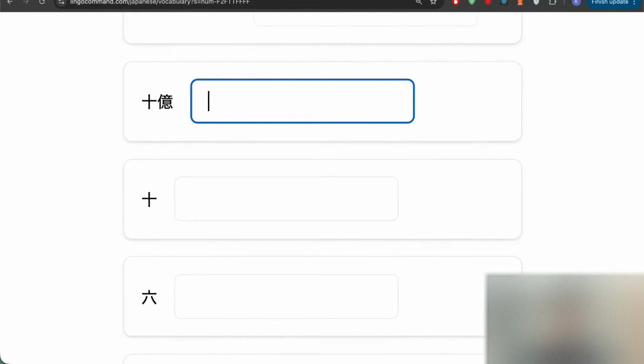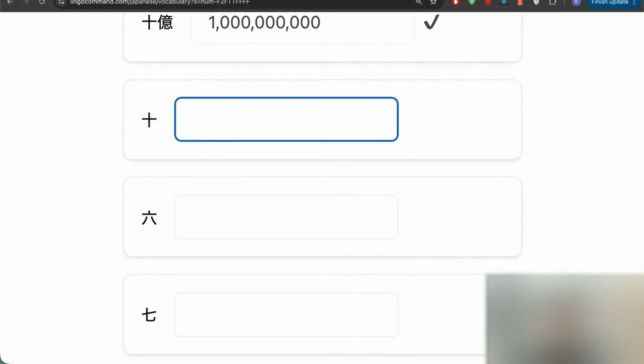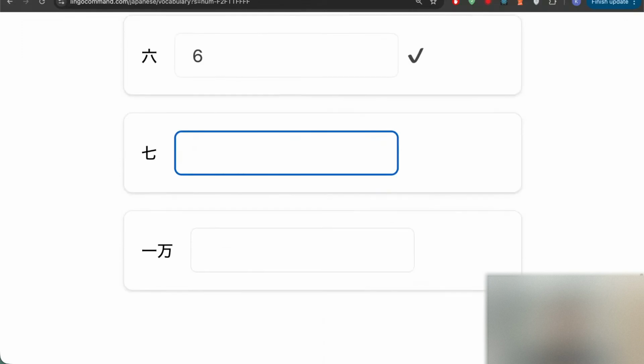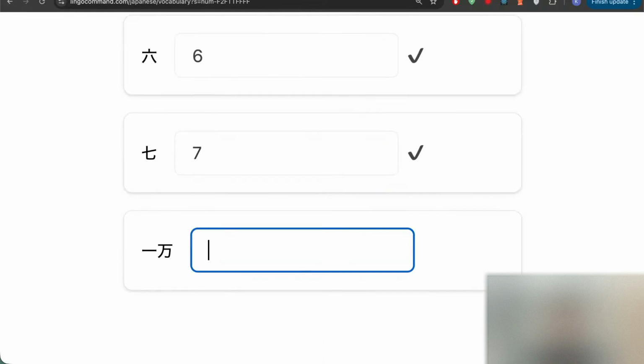And then here we've got ju oku, so that's 10 lots of 100 million, so that's a billion. So we'll do 1, comma, 3 zeros, comma, 3 zeros, comma, 3 zeros. This here is ju, so that's 10. Roku is 6. This is nana, which is 7.